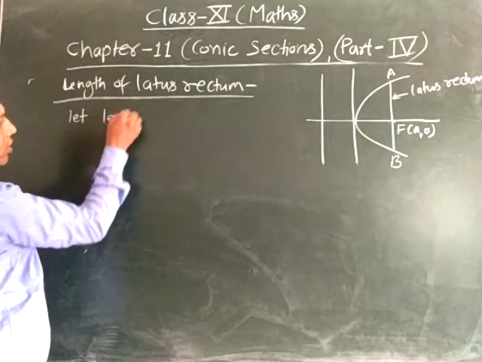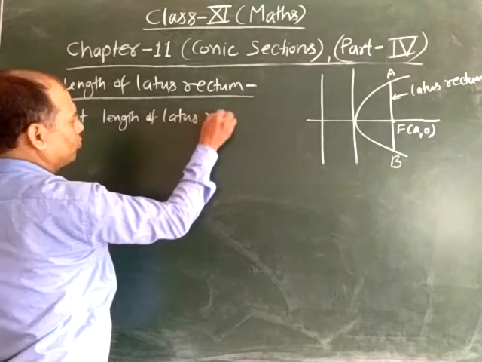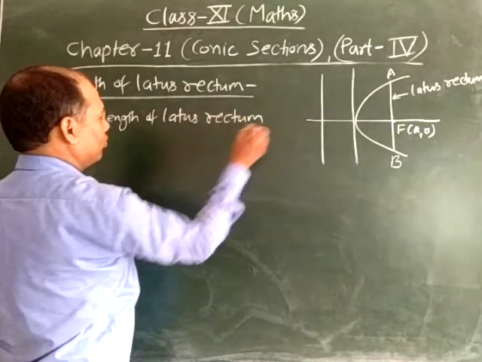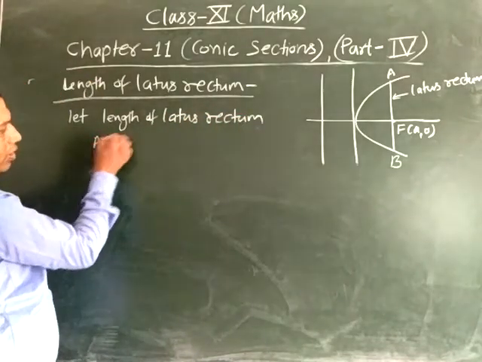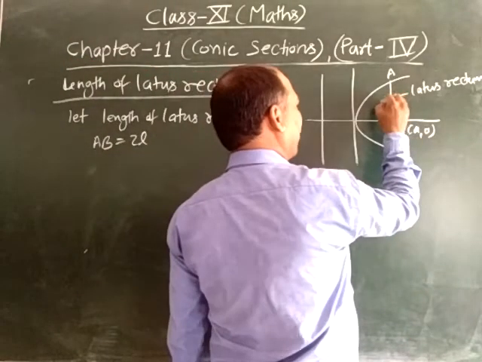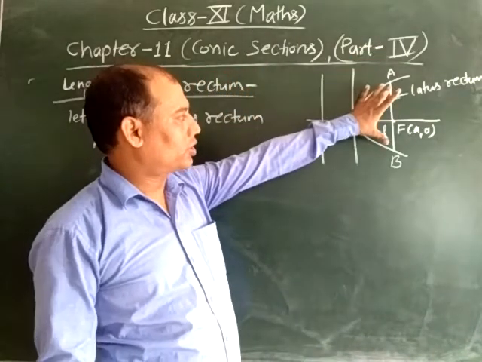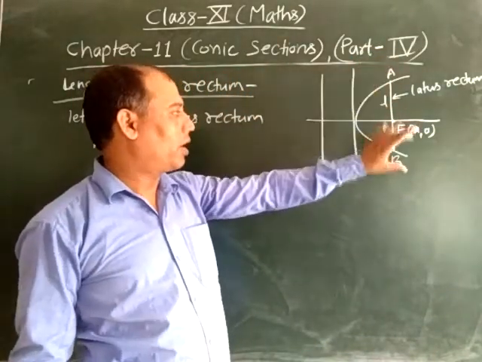Length of latus rectum AB equal to 2L. Then due to symmetry, this length is divided into two equal parts.